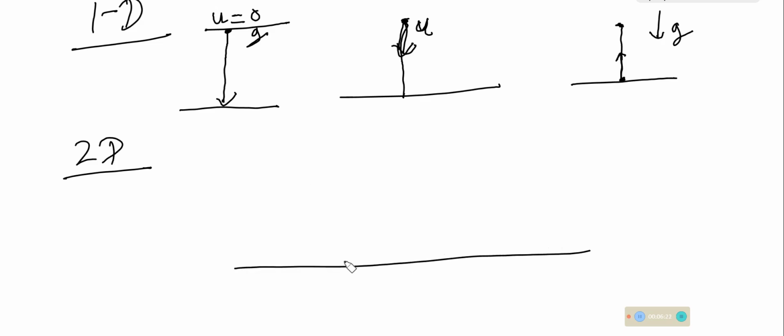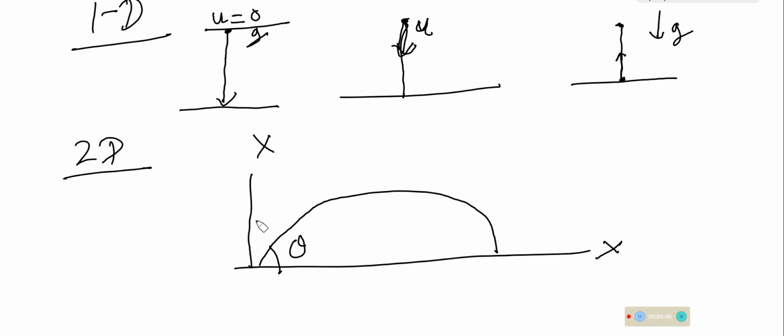there is a surface of the earth and we can see the ground, and if we project a particle at any angle theta from the horizontal axis, we can say that this is the x axis and this is the y axis.